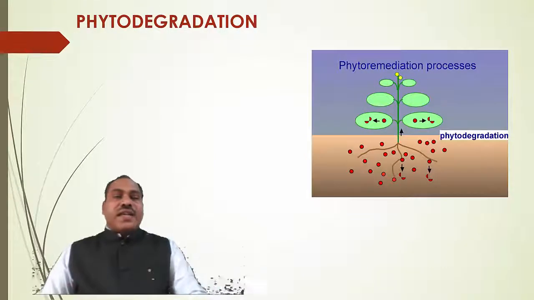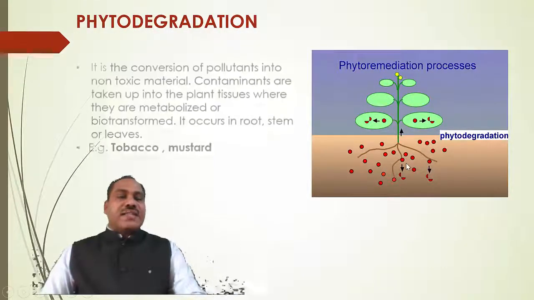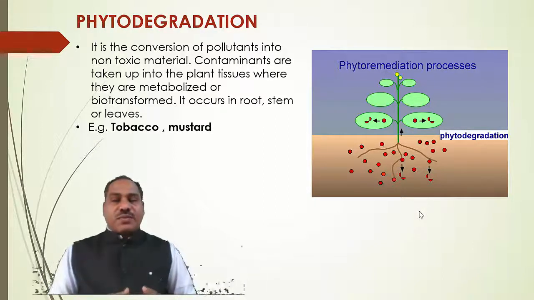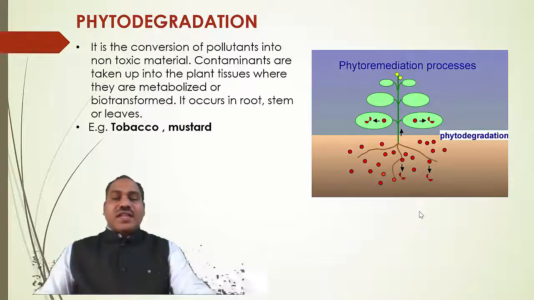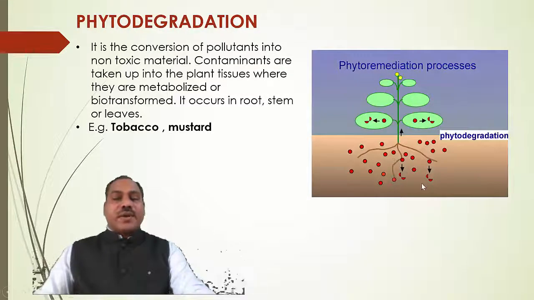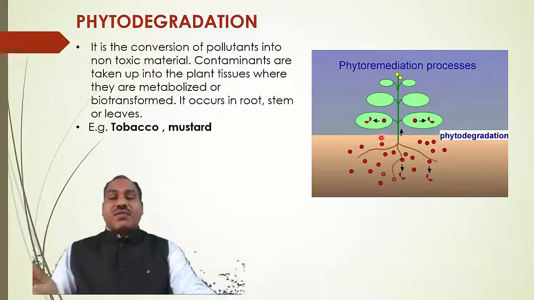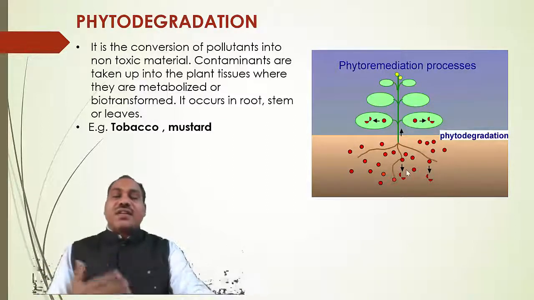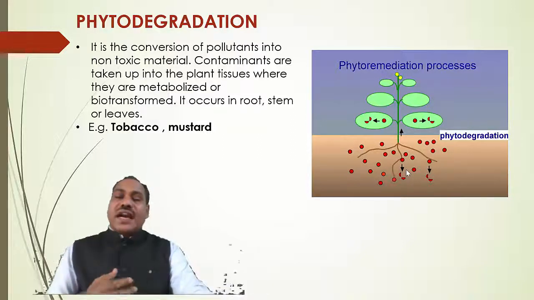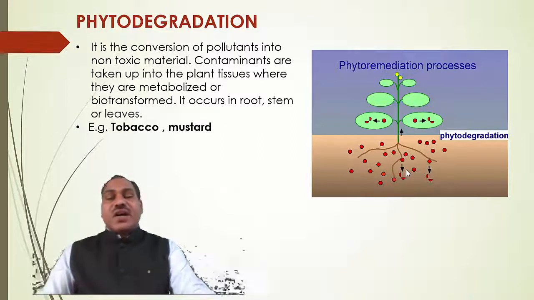Then the third one is phytodegradation. In this process, the pollutants are converted into different forms by the plants. When the pollutant from the soil enters the root or is transported to different plant parts, it is converted into lower toxic forms, which can minimize or clean off different types of toxic pollutants from the environment.